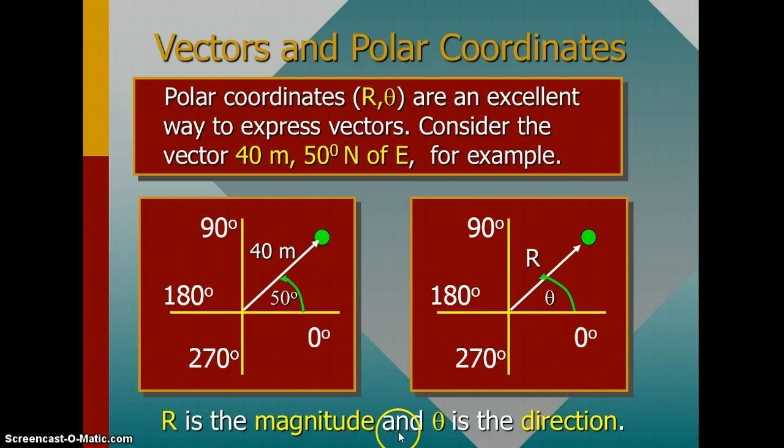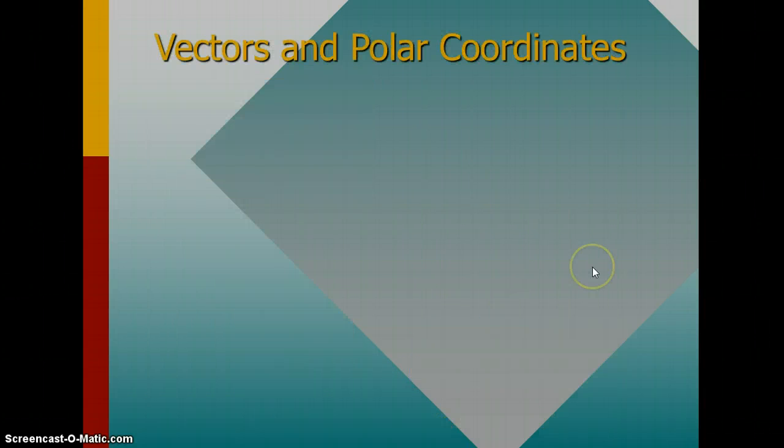R is the magnitude and theta is the direction. All right, you guys? Always, always, always, every single vector should have a magnitude and a direction.